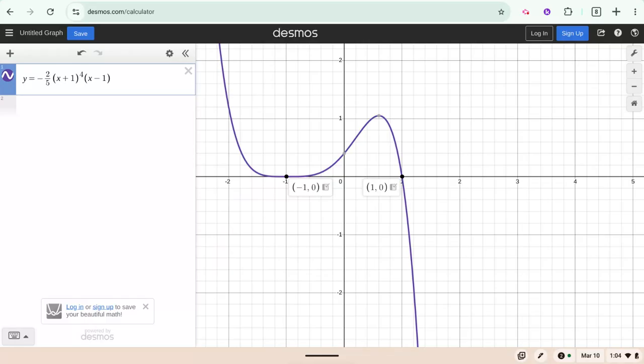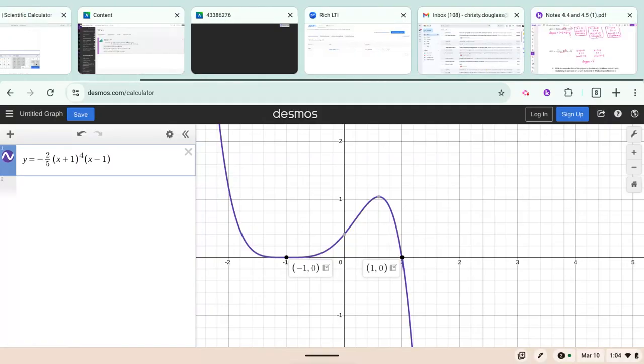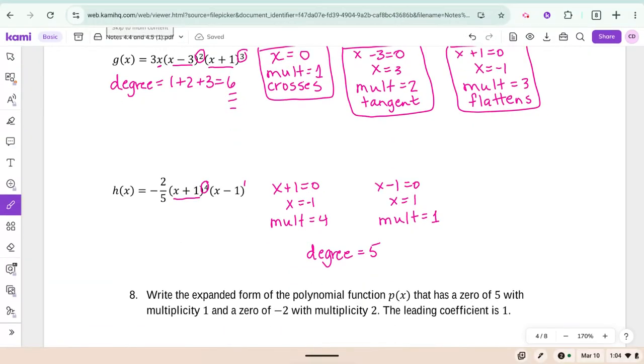Notice the end behaviors are different. The left side is pointing up, the right side is pointing down. Since they are in opposite directions, we can look to the right side. It's pointing down, which is no surprise because the leading coefficient is -2/5. So that all checks out to what we know.